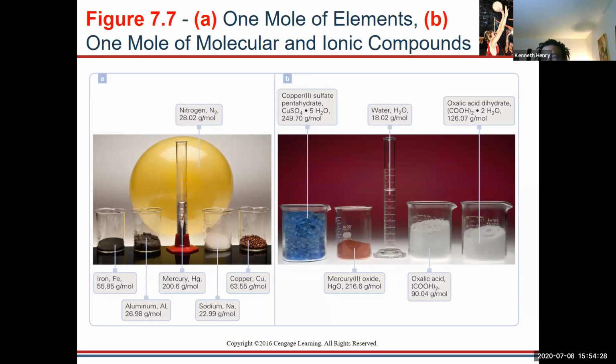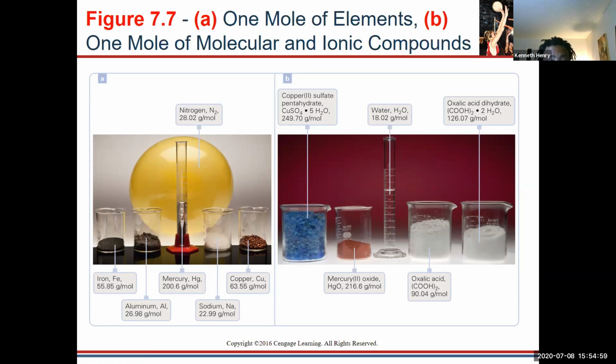So even though you weigh something and it has a different weight, for instance, iron weighs 55.85 grams per 1 mole. If we weighed 55.85 grams, we have the same number of iron atoms as if we weighed the nitrogen gas, which is 28.02 grams.